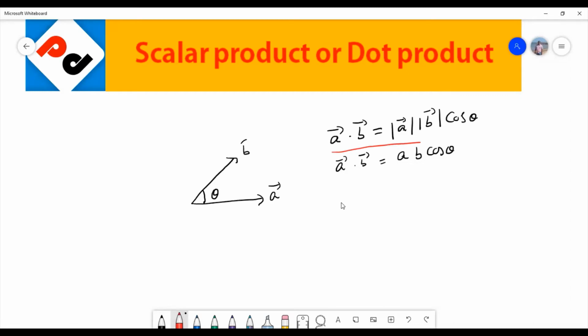So how to define the dot product of two vectors? Very simple.